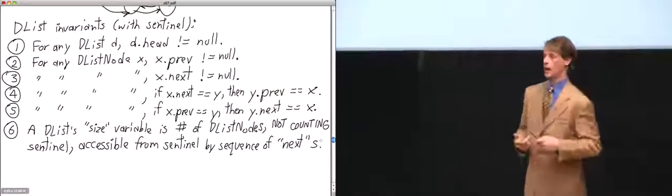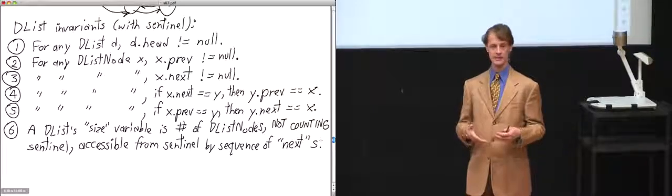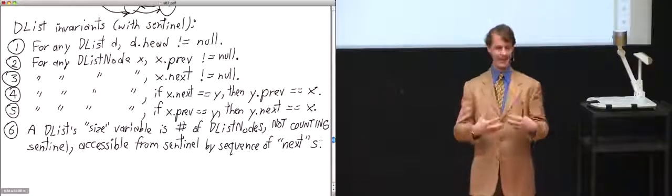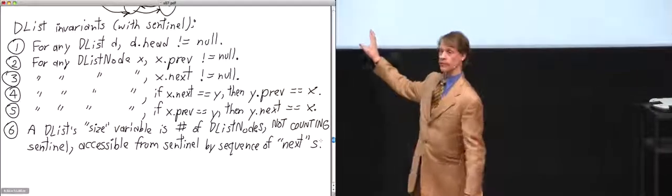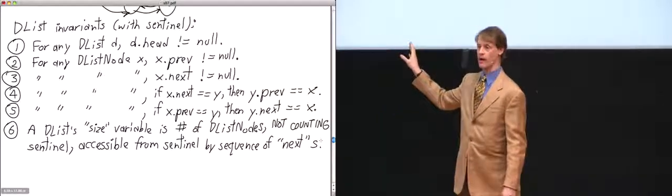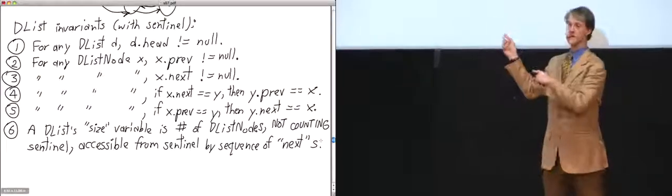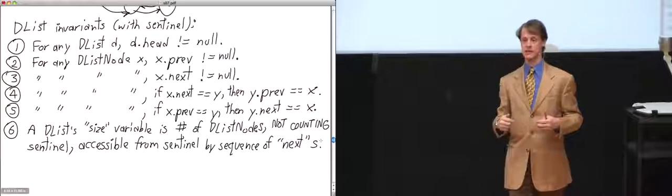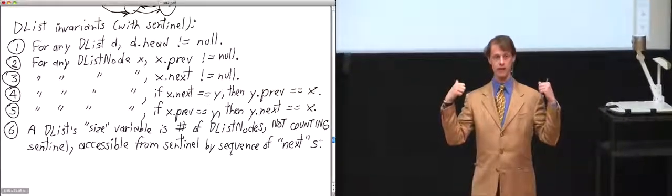So again, I said before that invariants are all about how your program is implemented. These are the things that should be hidden in an abstract data type, but are really important to making sure that your code has no bugs. You want to make sure that every method you write enforces these invariants. And what that means is you can assume that when a method starts, all these invariants hold.